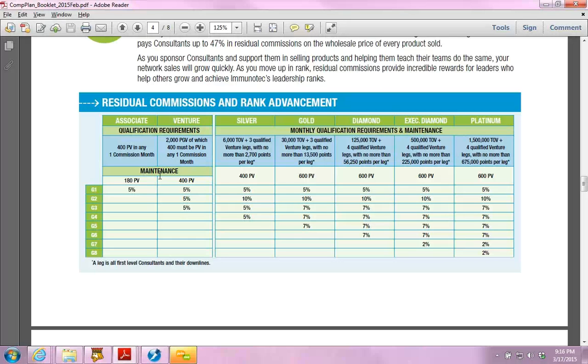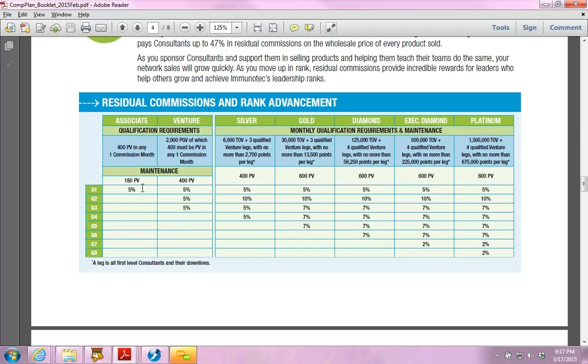So, what are the advantages to venture over associate? If you're looking at the chart, you'll see a venture has the opportunity to get paid on any customers that they sign up or any other associates. But the associate can't get paid on a venture until they become a venture themselves. So, something to remember.